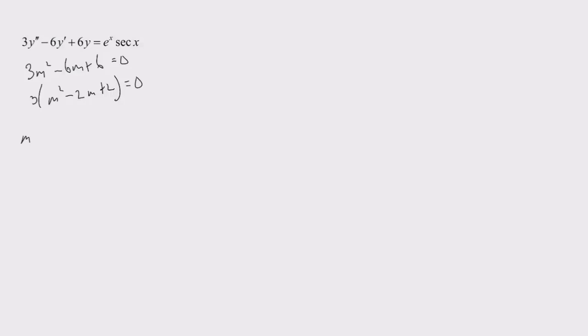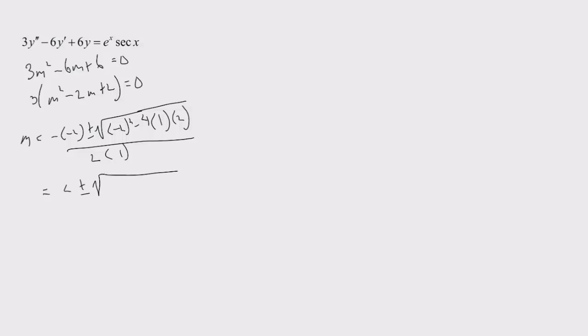So m equals negative 2 plus or minus the square root of negative 2 squared minus 4 times 1 times 2, all over 2 times 1. Oh, this has an imaginary feel to it. Let's see, 4 minus 8.